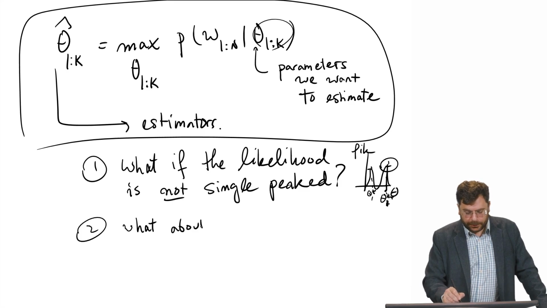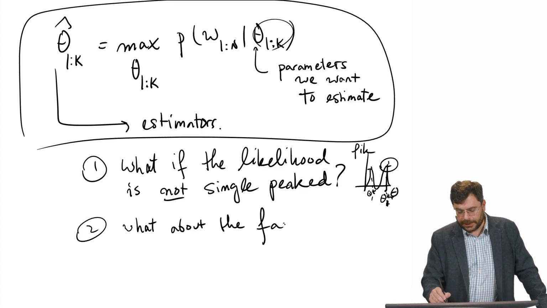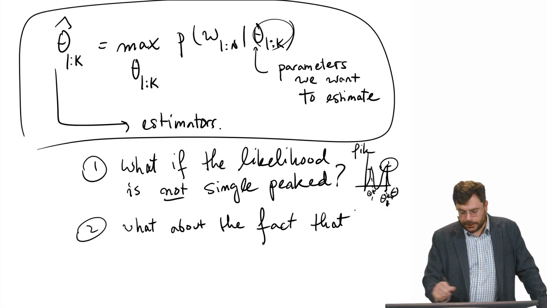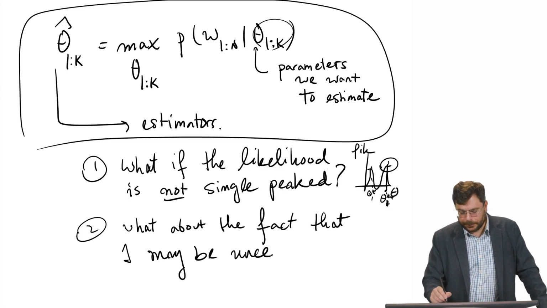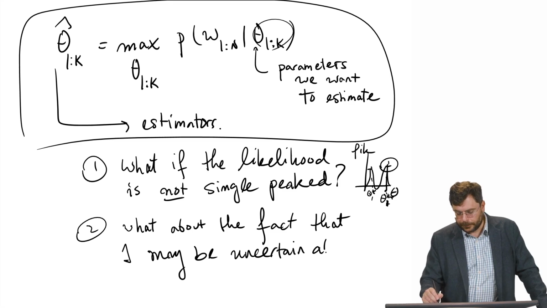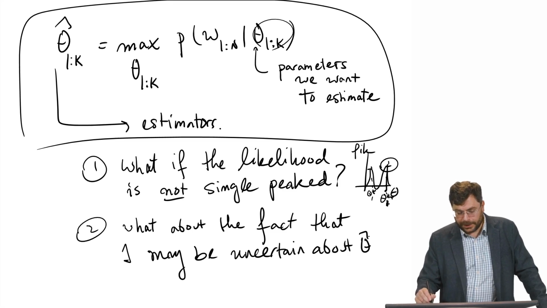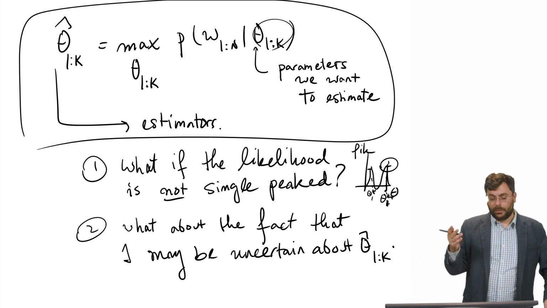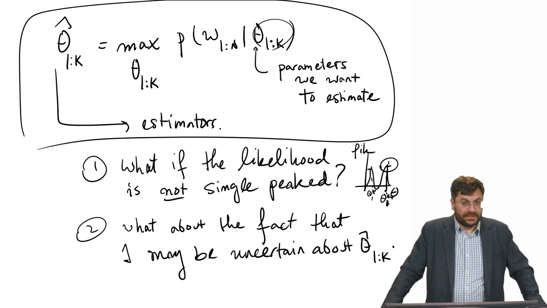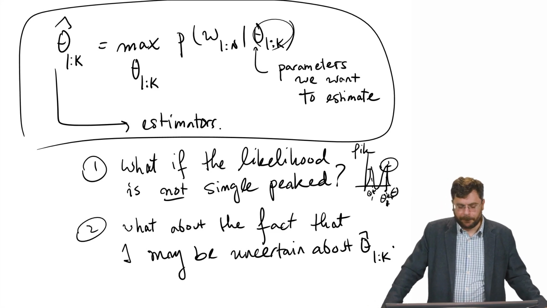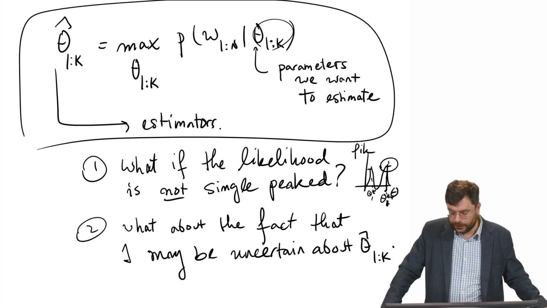What about the fact that I may be uncertain about theta? If I flip a coin once, I'm going to get a probability of heads that maximizes my likelihood. If I flip it twice, presumably my estimator is going to change.